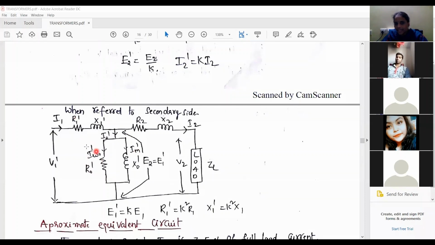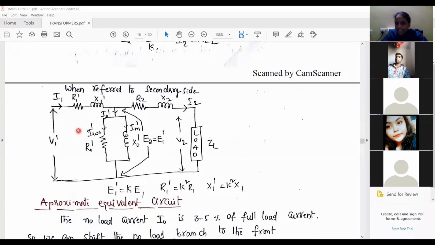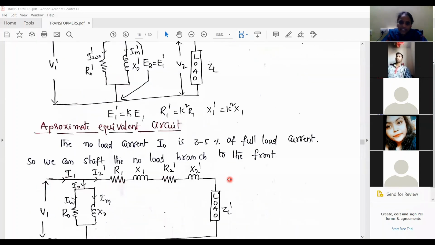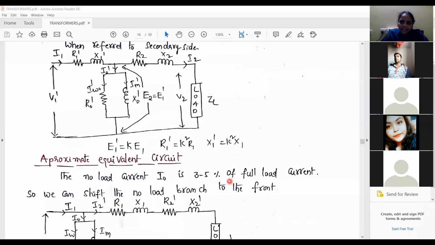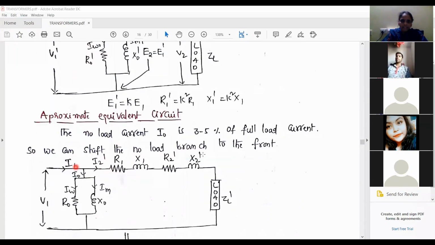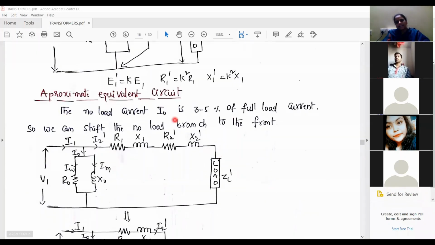Just to indicate, I am writing R0 dash and X0 dash. Now when I transfer primary parameters to the secondary, you have to multiply by K square. R1 dash is equal to K square into R1. X1 dash is equal to K square into X1. Is it clear? This is my total equivalent circuit.